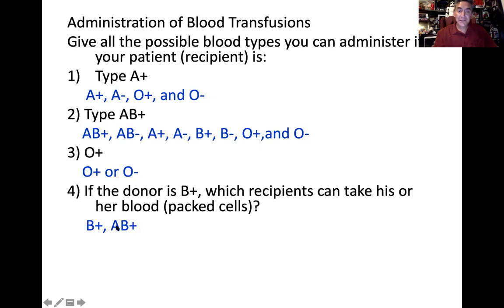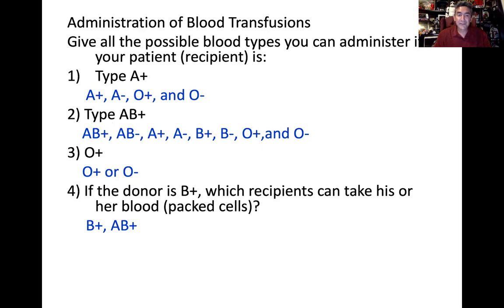Type AB, remember the universal recipient, can receive B positive blood. B positive blood can be given to AB positive patients, but not AB negative, right? Because again, the positive cannot be given to a negative blood type.